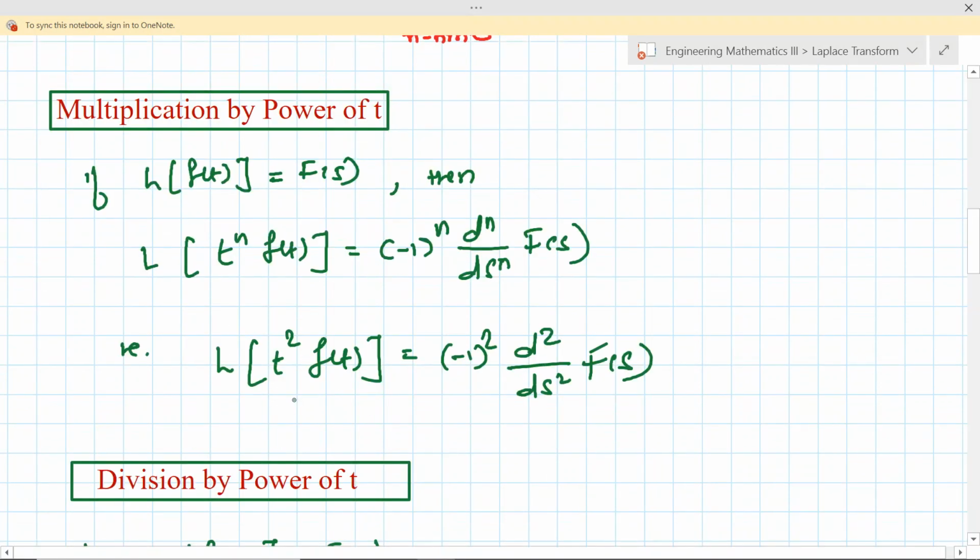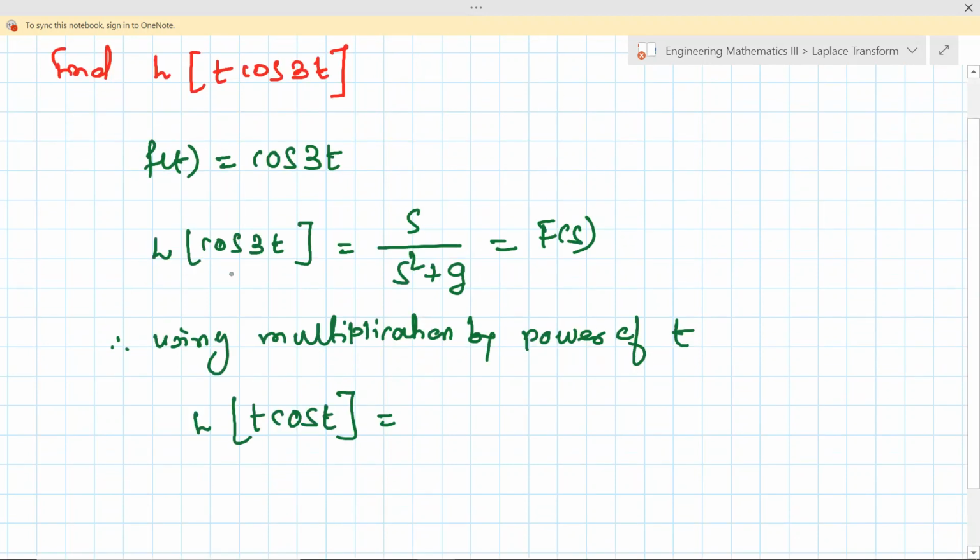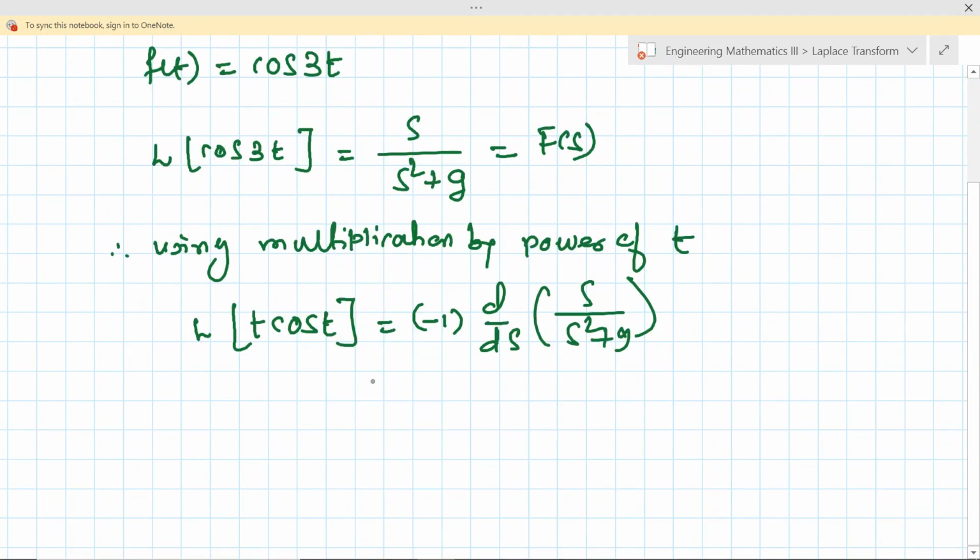if only t is there, see what the property is. It says that if t raised to n is there, then take the nth derivative of F(s). If only t is there, then take the first derivative, and (-1)^1 is nothing but minus 1. So this is minus 1 times d/ds of s upon s squared plus 9. Now take the derivative. The minus stays as it is.